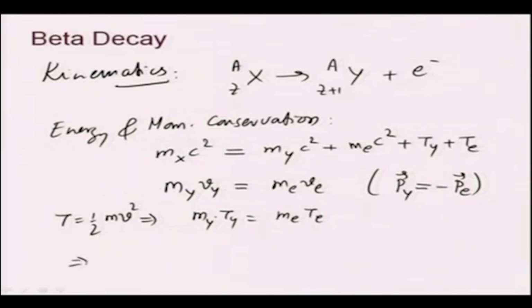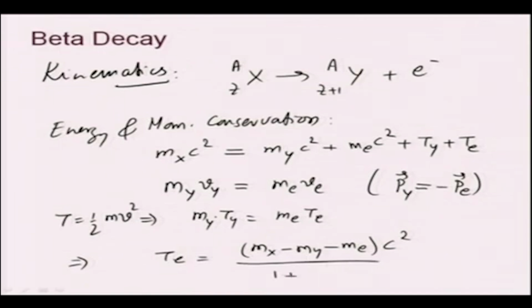Putting these together, the energy conservation equation and the momentum conservation in terms of the kinetic energy now gives you together T_e equal to (m_x minus m_y minus m_e) c square divided by 1 plus m_e over m_y, similar to an expression that we had in the case of alpha decay.